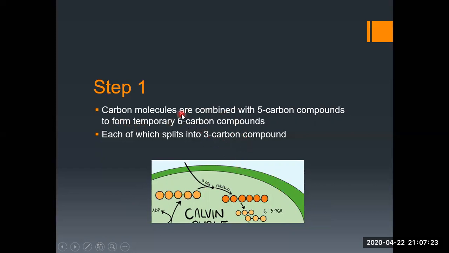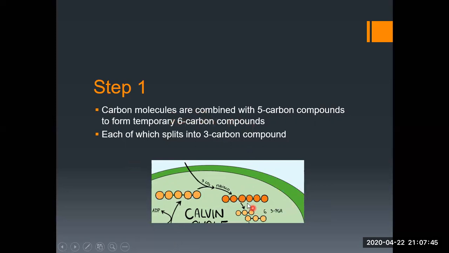This becomes an unstable compound because you can split this molecule and it is equally divided into 3 carbon compounds. In the first step, carbon fixation takes place, where carbon from the carbon dioxide is fixed with a 5 carbon molecule, and now it becomes a 6 carbon compound. What next?